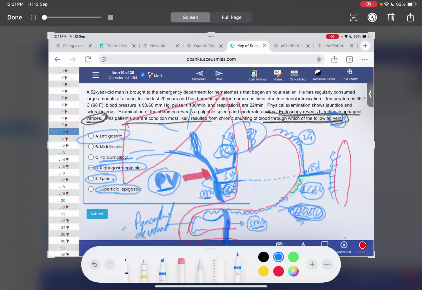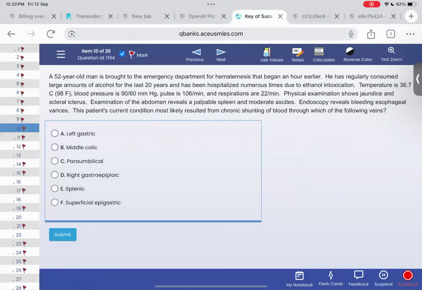The main concept here was to remember the venous tributaries of the stomach and foregut. Have you got the concept? Yes, doctor, thank you. So the answer is left gastric, correct? Yes, sir. Perfect.